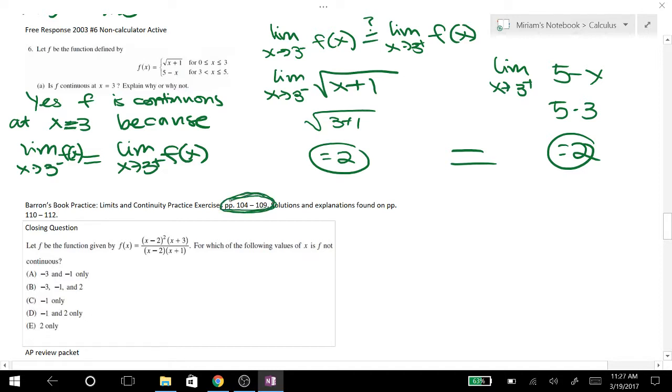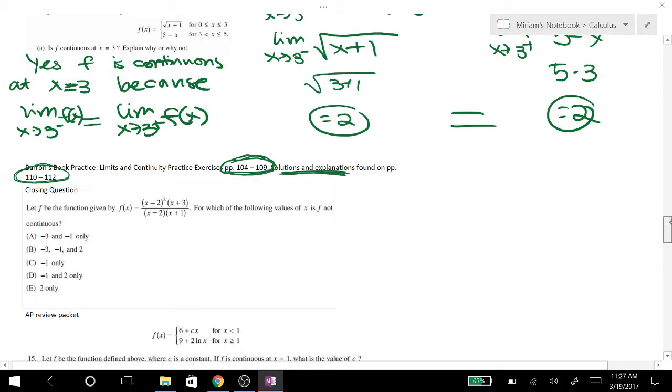Please try them. Okay, it's useful. It uses a very similar language to the AP exam. You have the solutions and explanations given on pages 110 to 112. Okay, you have this resource for you. So this is a good time to practice those problems.